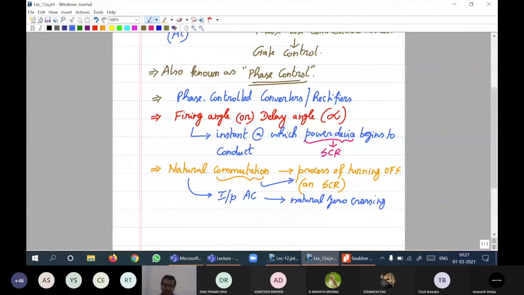No need to apply some force. The opposite of natural commutation is forced commutation.